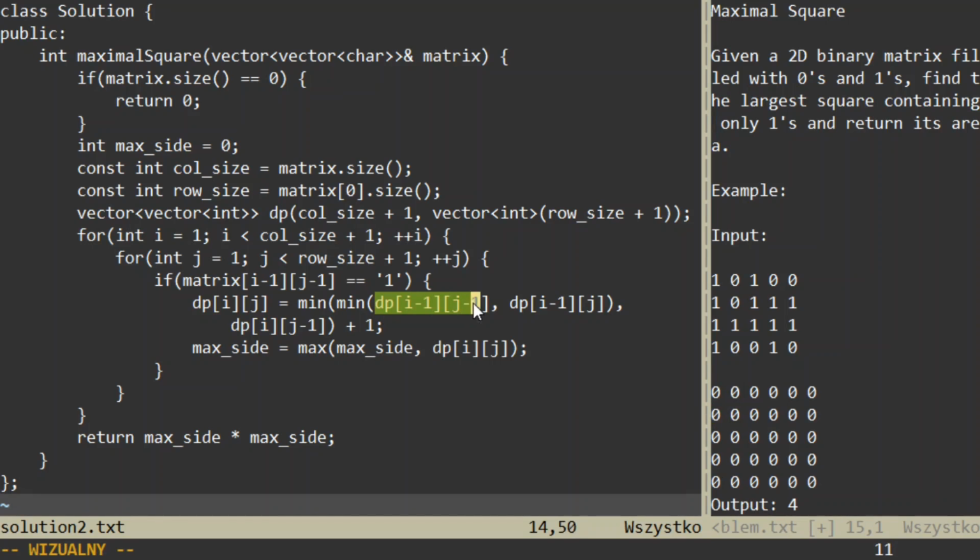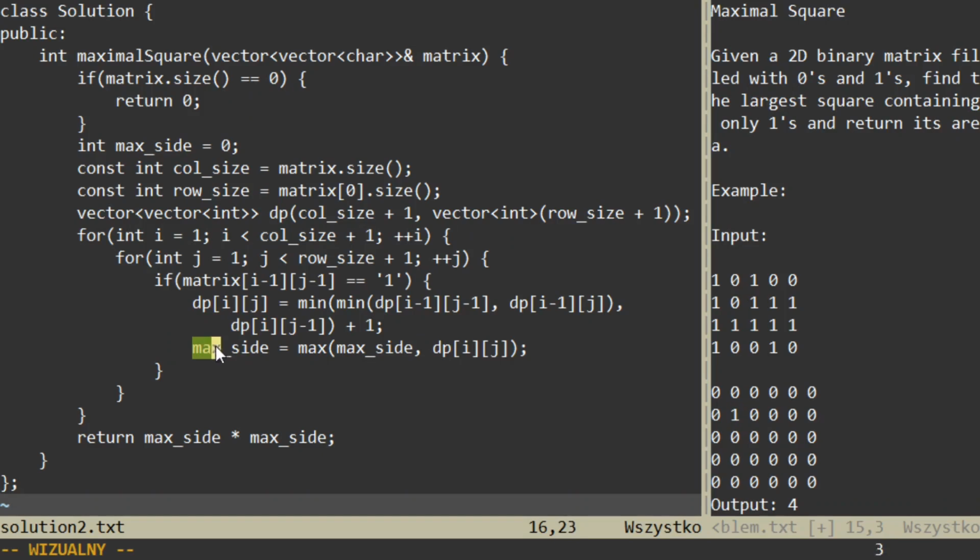This is all zeros. The minimum value is 0, plus 1, because here is a 1. So here we put 1.